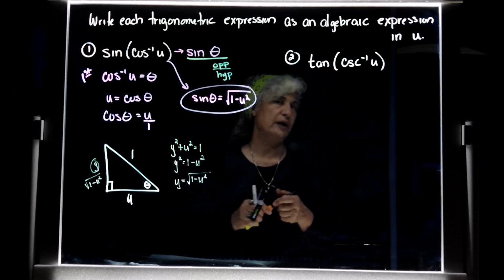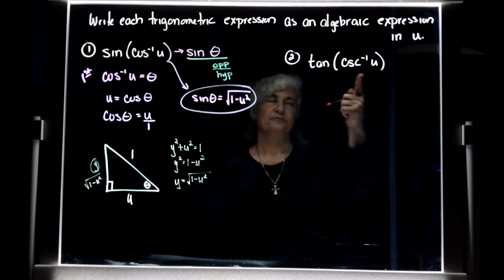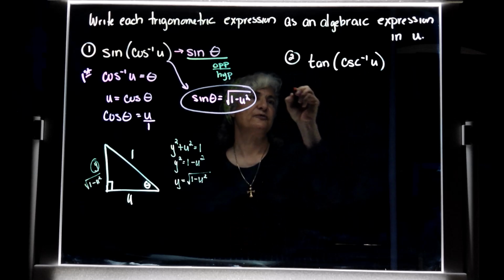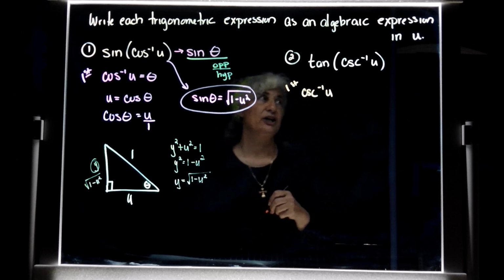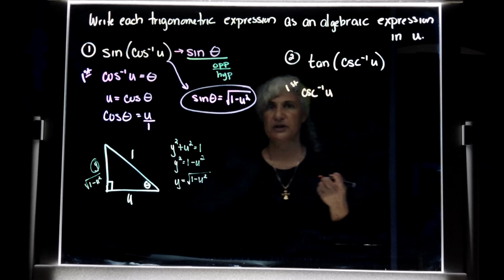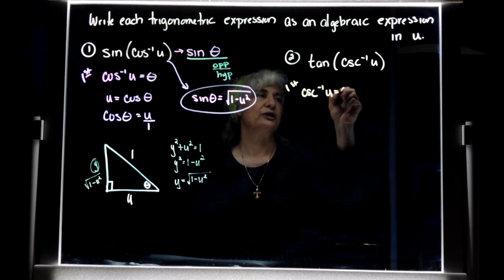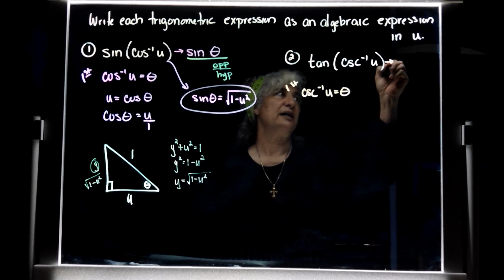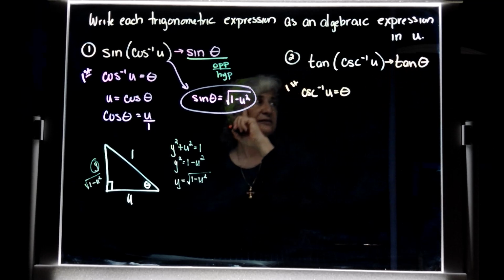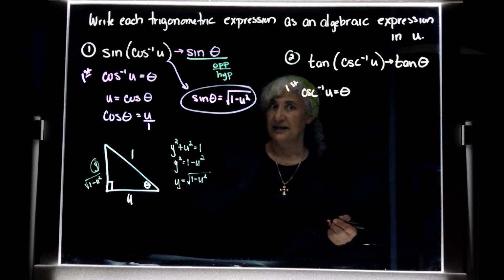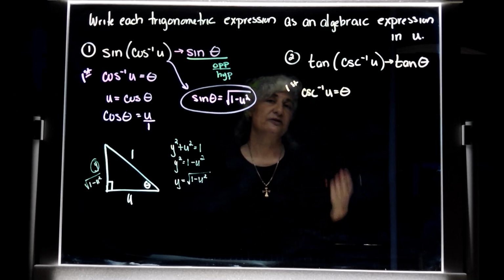How are we starting if you haven't started it? You're going to start with the parentheses. So the first thing you're going to look at is the cosecant inverse of u. And cosecant inverse means, yeah, you're looking for the angle, which means I am actually looking for the tangent of theta. Tangent is opposite over adjacent.